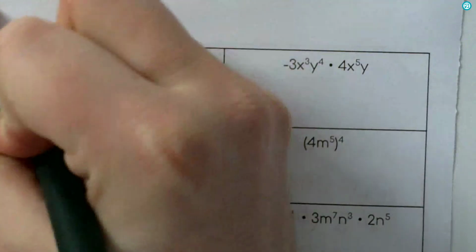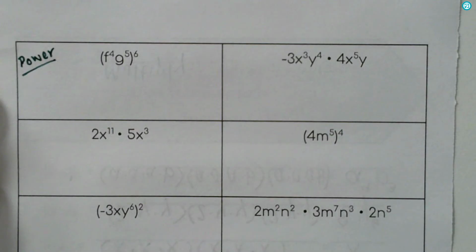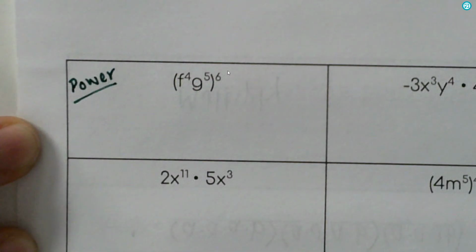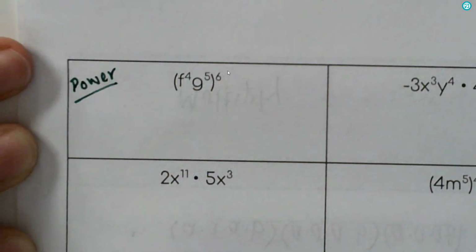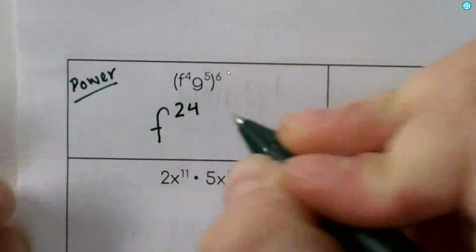If you need to put a little note to yourself that this is power rule, you can. For my exponents, I am going to multiply them. So f to the 4th to the 6th, I multiply that 4 times 6, and I get f to the 24th.